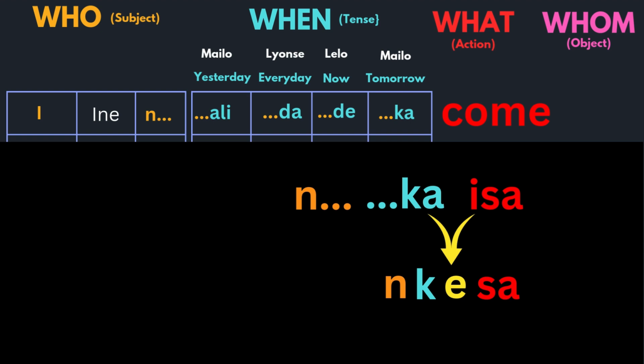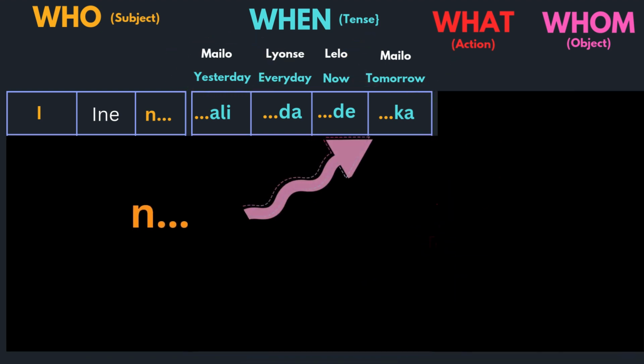Another word, tomorrow, is mailo. Remember, mailo is one of those situations in Bemba where mailo can mean yesterday. It can also mean tomorrow. The way you differentiate which mailo we are talking about is from the marker for the tense.